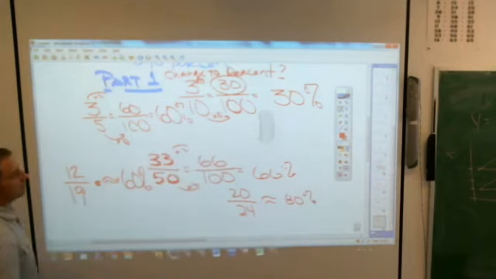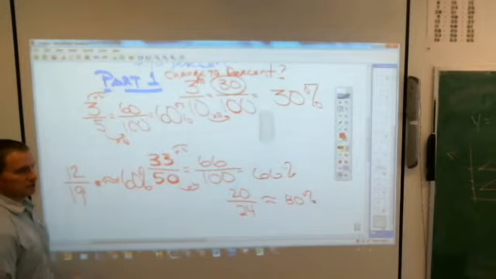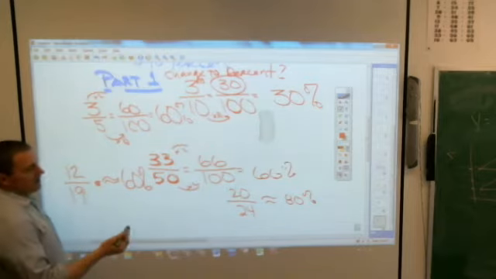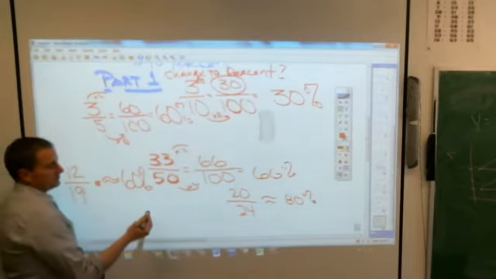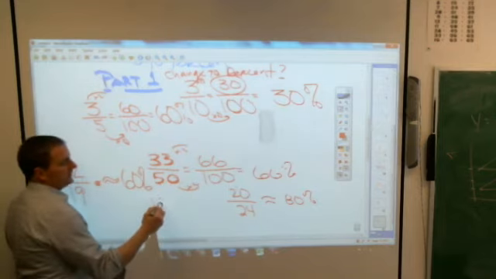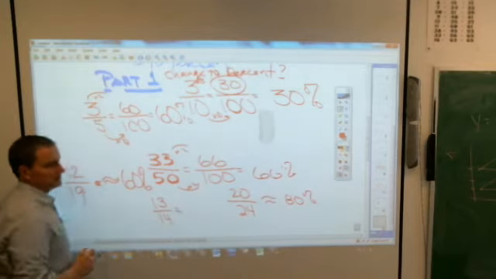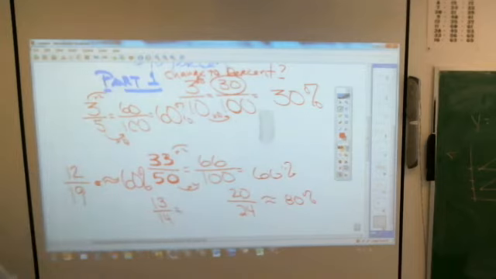Or, what else could we do? And that's why my math quiz is always 10 questions, because that's really easy to change to a percent. 1 wrong is 90%, 2 wrong is 80%. What about this one? 13 out of 14 problems. That one is not quite as easy.